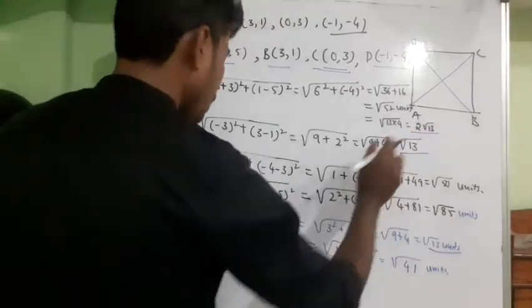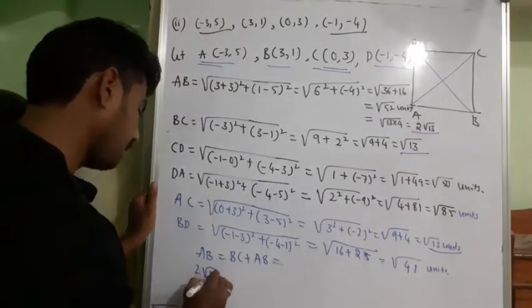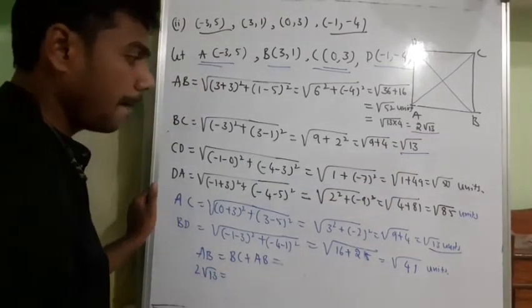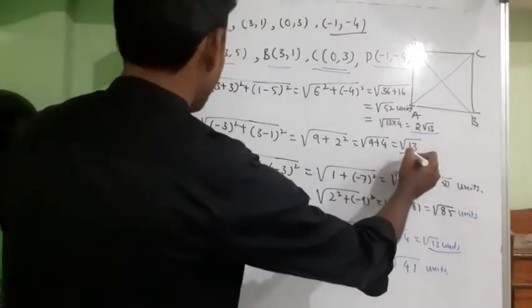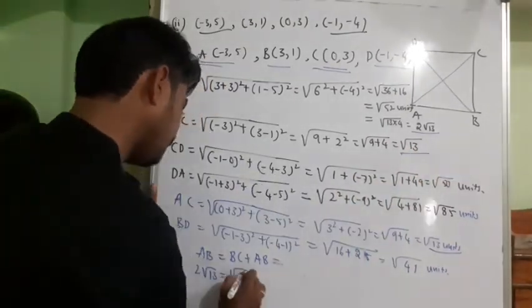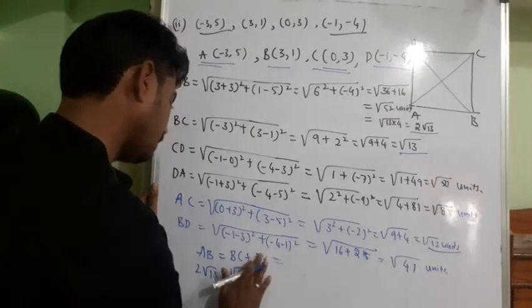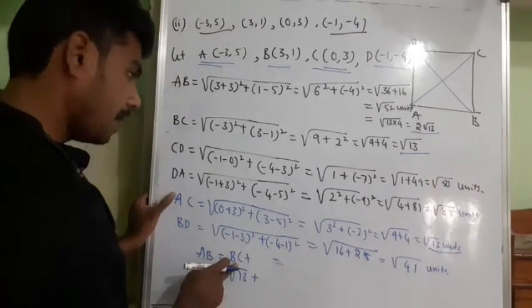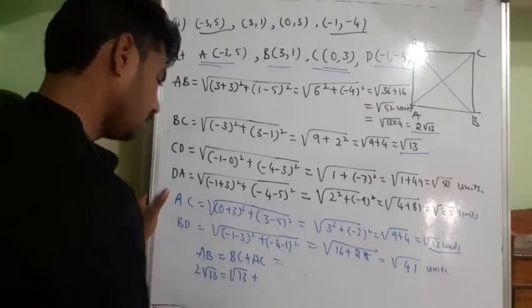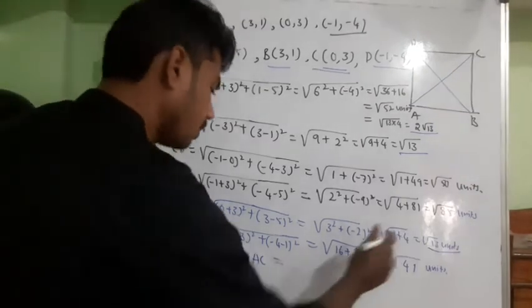AB is nothing but 2 root 13. BC is root 13, and AC is root 13.